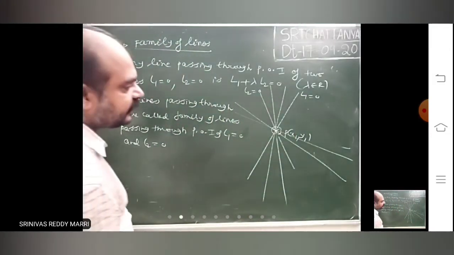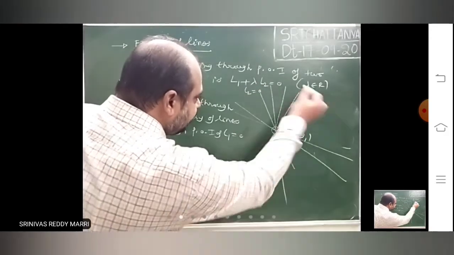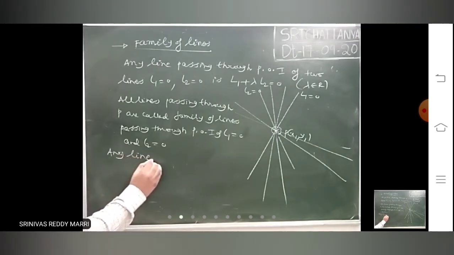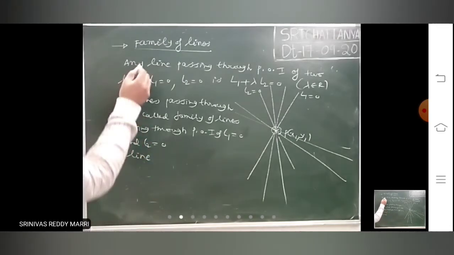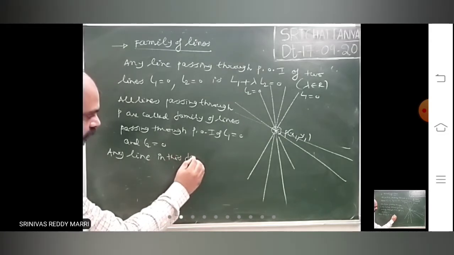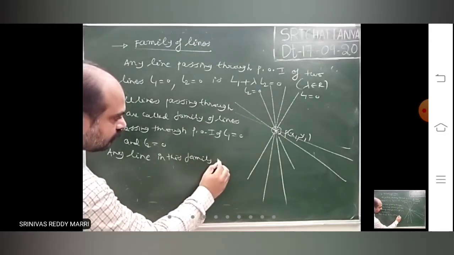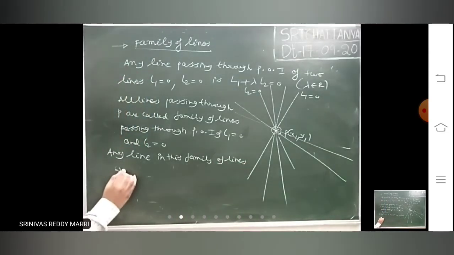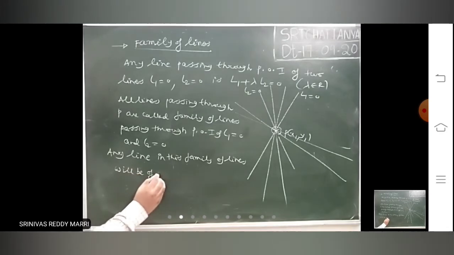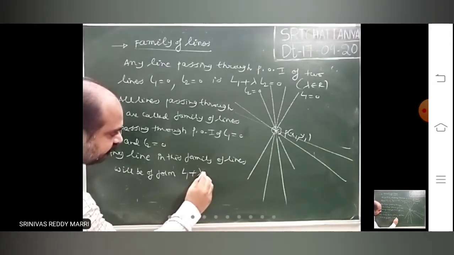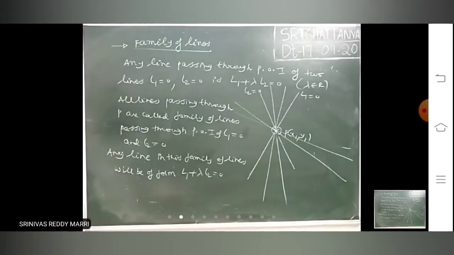Right? Now, if you want to write any line in this family, any line in this family of lines will be of the form L1 plus lambda L2 equal to 0.